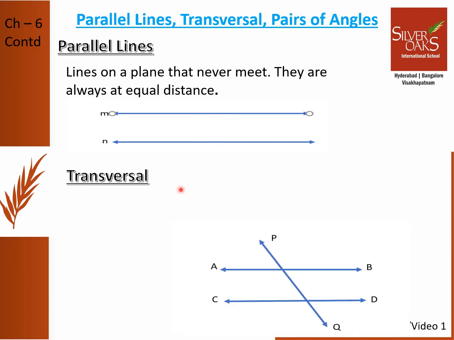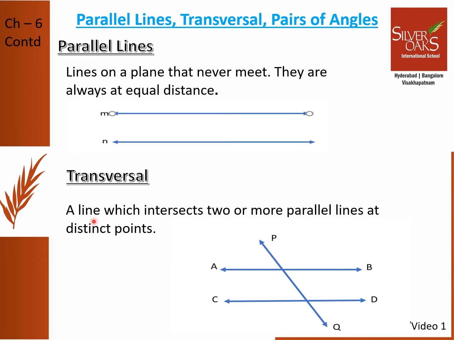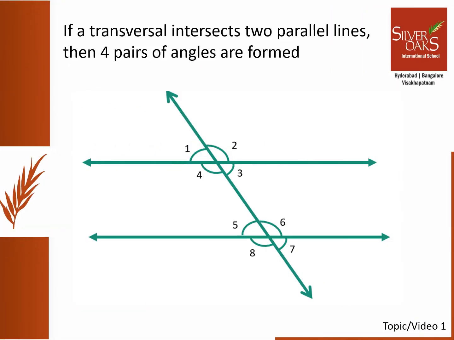What is a transversal? These are the two parallel lines and PQ is a transversal, a line which intersects two or more parallel lines at distinct points. Now, when the transversal meets two parallel lines, it forms four pairs of angles which you all can see.